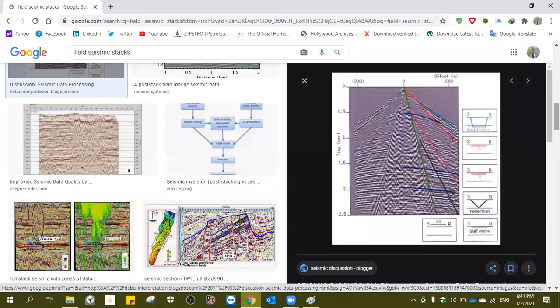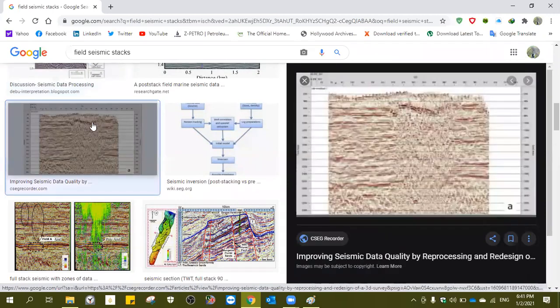But when they come back, the amplitude of these waves is very low. Therefore we cannot image, and we have a poor quality data set. So these are known as field stacks.